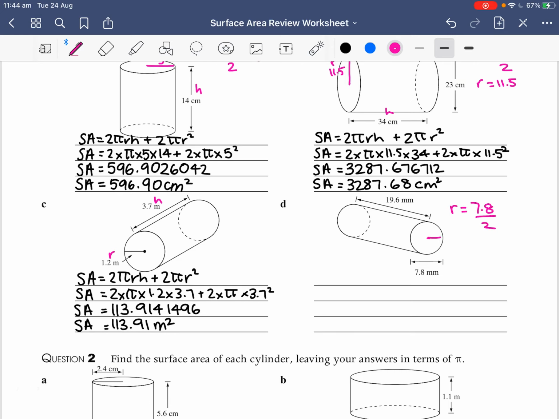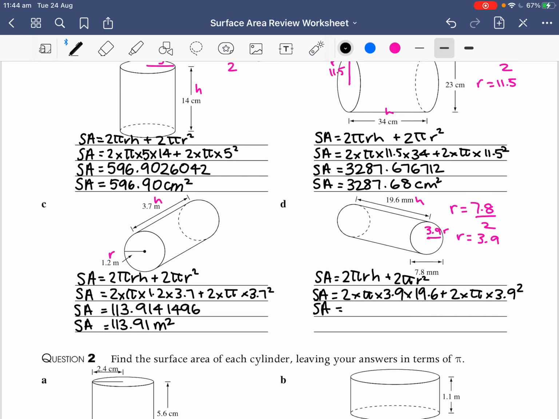For our last one, we have a diameter, so we need to find the radius, and so our radius is 7.8 divided by 2. 7.8 divided by 2 is equal to 3.9, so that's our radius, and our height is 19.6. So our formula is surface area equals 2 pi rh plus 2 pi r squared, so surface area equals 2 times pi times 3.9 times 19.6 plus 2 times pi times 3.9 squared.